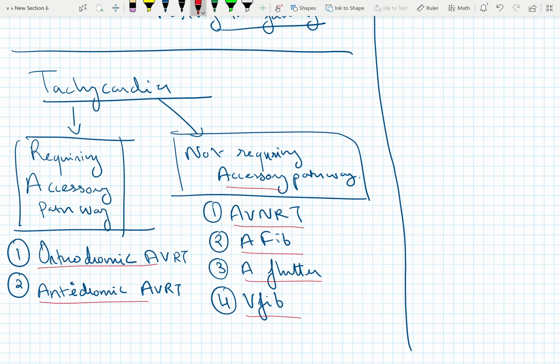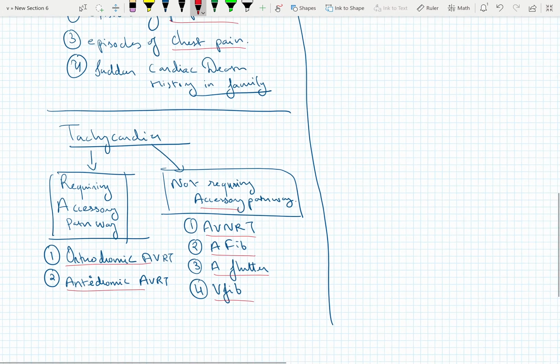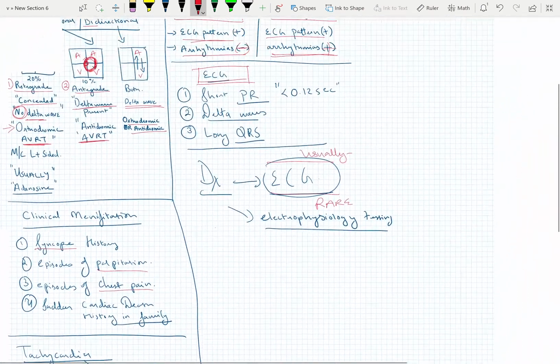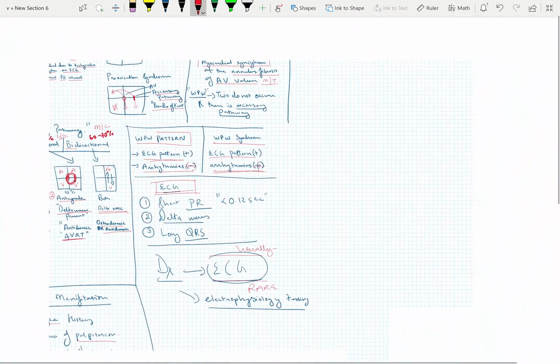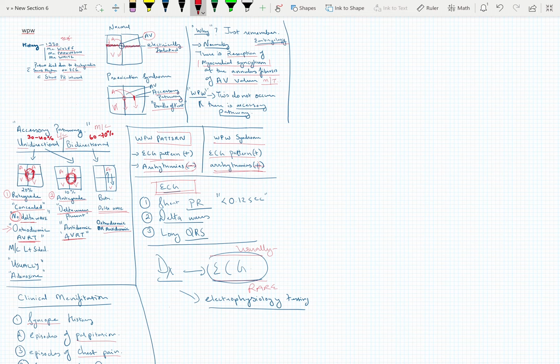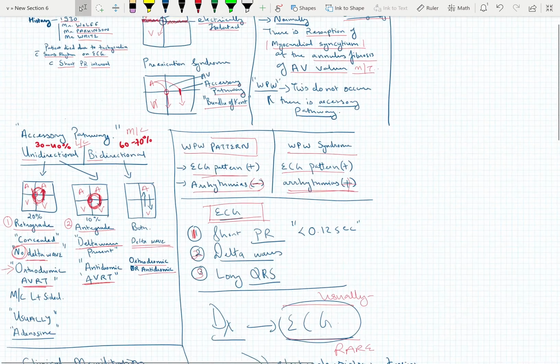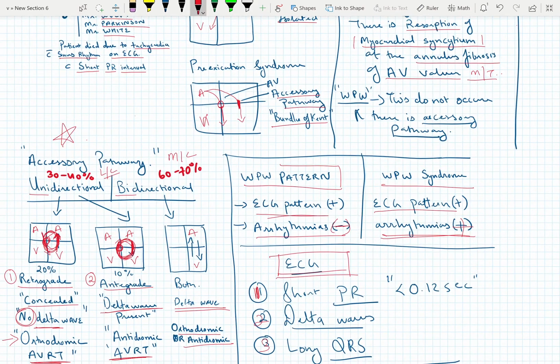So basically, this is all you need to know about Wolff-Parkinson-White. Remember the ECG pattern of WPW, which is short PR, delta waves, and long QRS. This is the most important thing, along with the types of accessory pathway. Thank you.